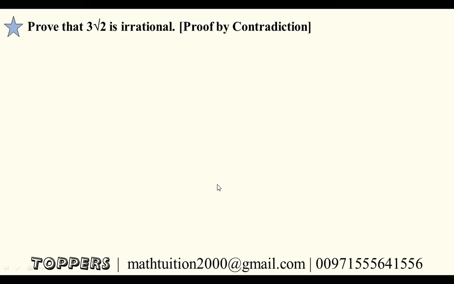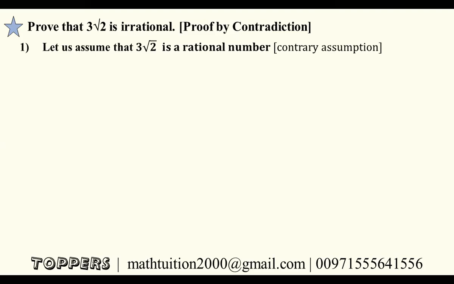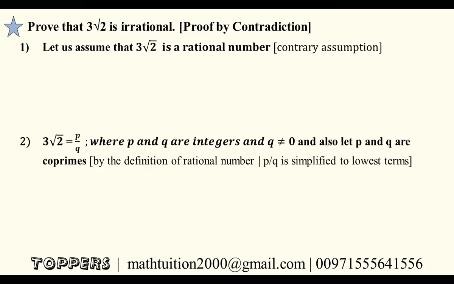Different way means the start is the same, we will consider that 3 root 2 is rational. So first, let us assume that 3 root 2 is a rational number. This is the contradictory assumption.